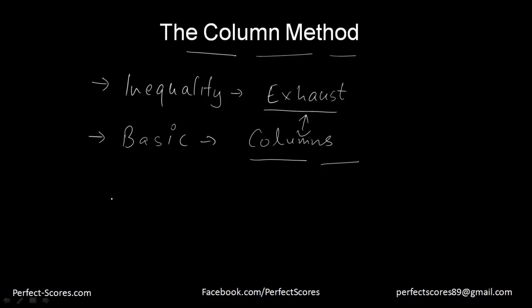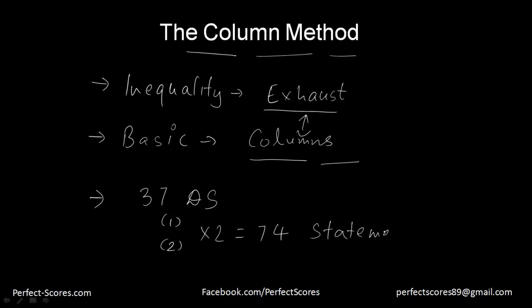One thing I want to emphasize: let's suppose you have 37 data sufficiency questions, which means a total of 74 statements. Out of these 74 statements, how many would be sufficient and how many insufficient?